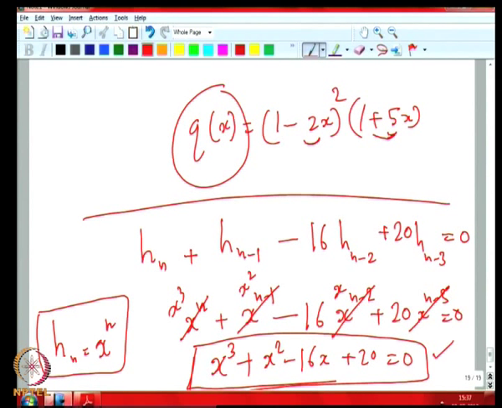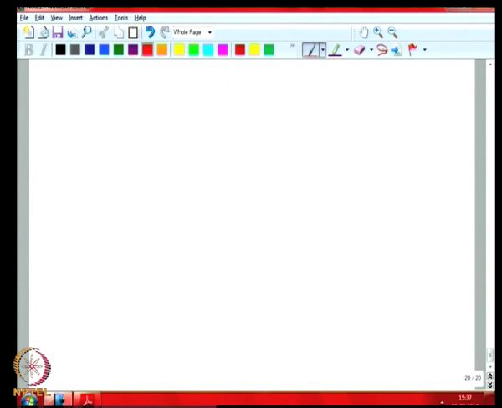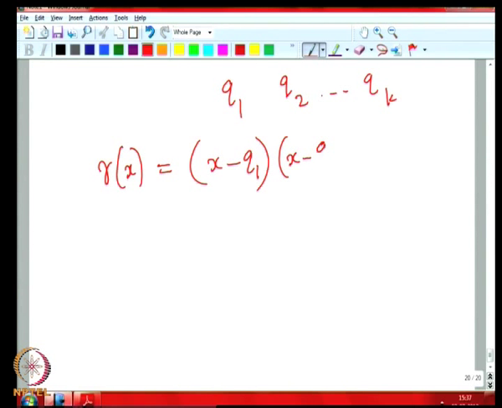So, now let us say the characteristic equation has roots q1, q2, up to qk. Then our characteristic equation r of x can be written as x minus q1 into x minus q2 into x minus qk. This is the way we can write the characteristic equation.